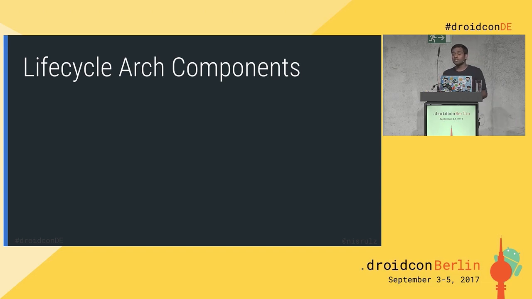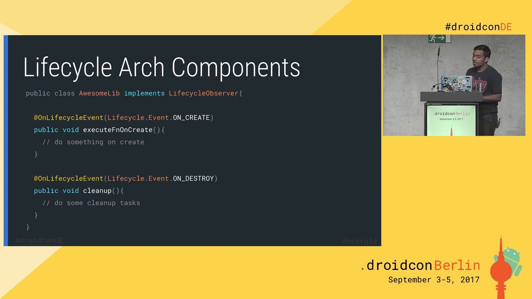Earlier, we couldn't do that. What we had to do was put it in our README, asking the app developer to include a function in onDestroy, onPause, onResume, and they'd have to go and write these functions. But what the lifecycle architecture component allows us to do now is ask a specific function to get triggered at a specific point in the lifecycle itself.